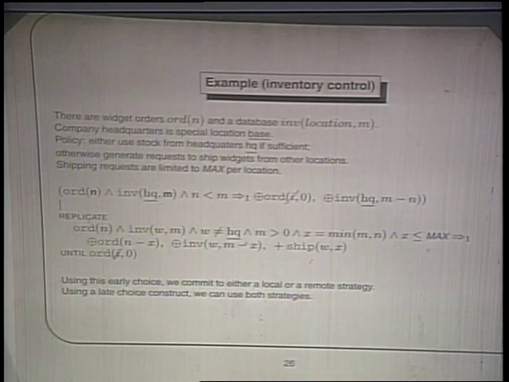Each copy is listening to the fact that there is an order N. It's listening to the fact that somebody, inventory W M, so some location W different from headquarters, has some inventory, and it is going to ship me some of that. It may or may not be enough, but it's going to ship me some. And I assume some other part of the program deals with the operation ship to make sure it gets to headquarters.